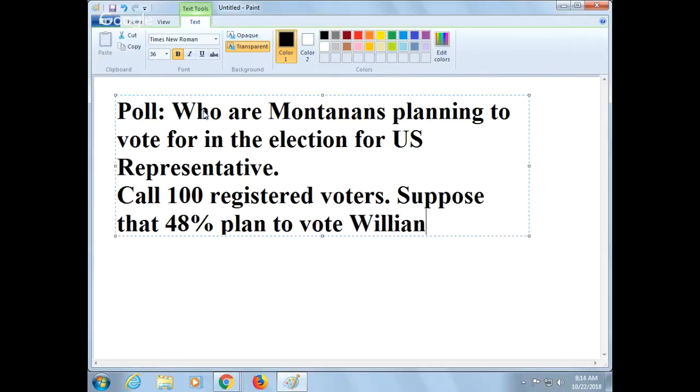Not 48% necessarily of this sample, but 48% of the people we're drawing this sample from. So 48% of the people we're drawing this sample from are planning to vote for Williams.